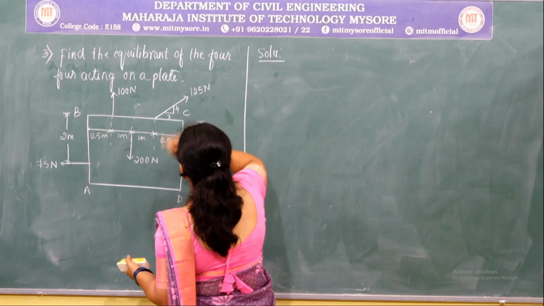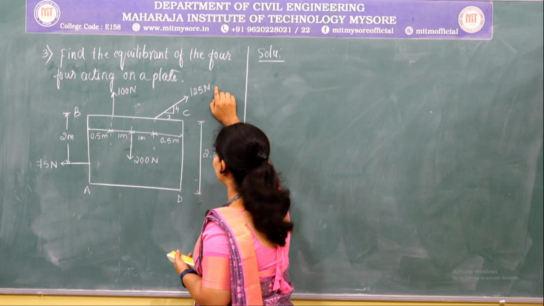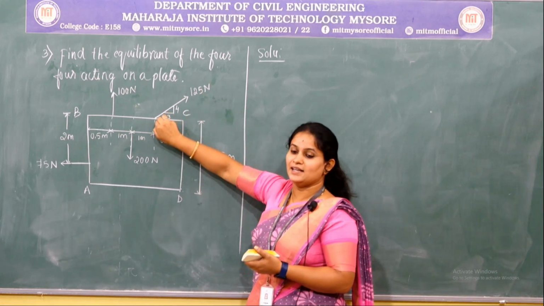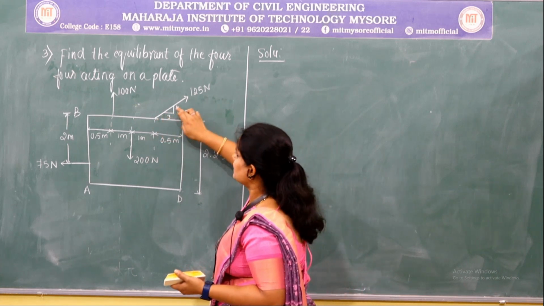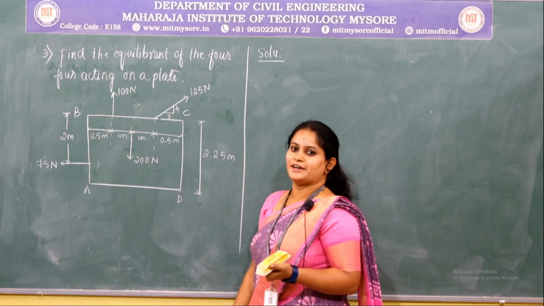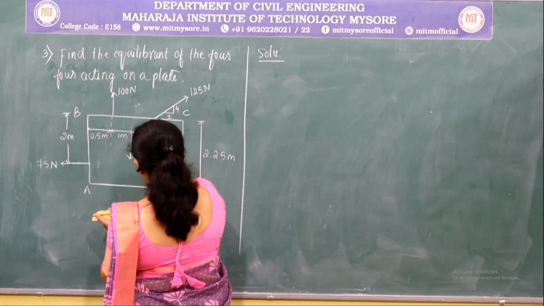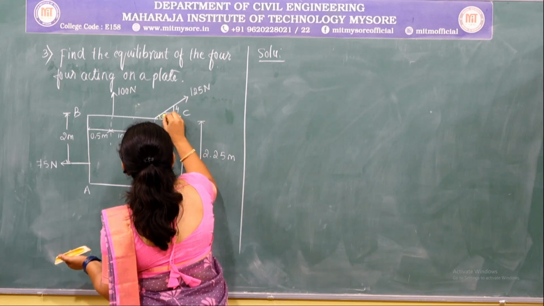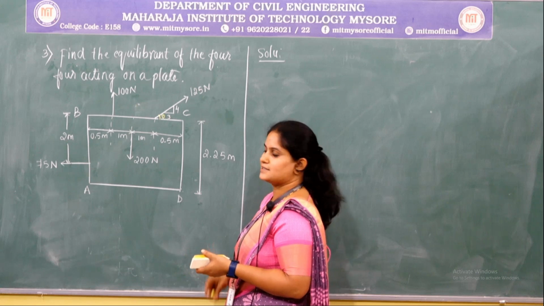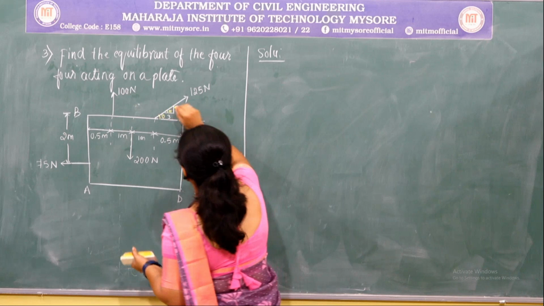first we shall resolve this given force of magnitude 125 Newton, and we need to find out the inclination angle. So instead of inclination angle, here they have given the value of slope. Using the slope value we shall find out the inclination angle. So let us consider this inclination angle as theta. If this is theta, this is also equal to theta.